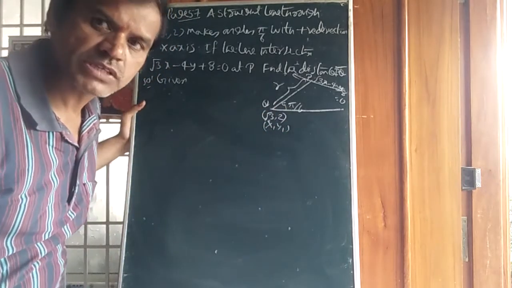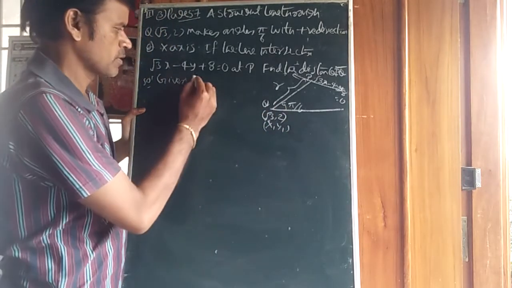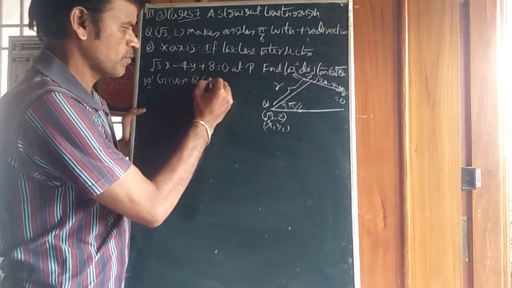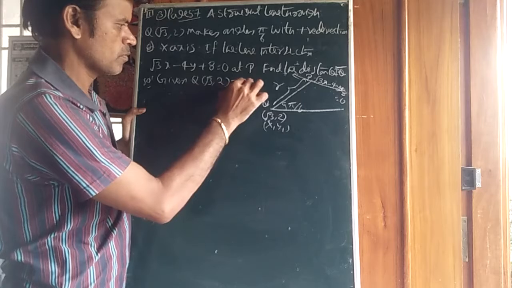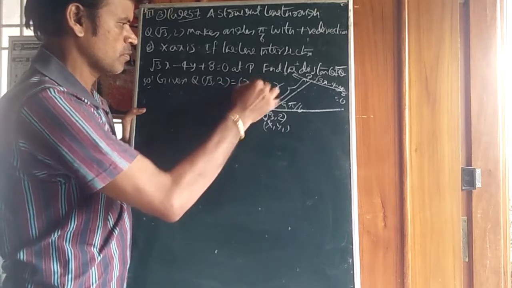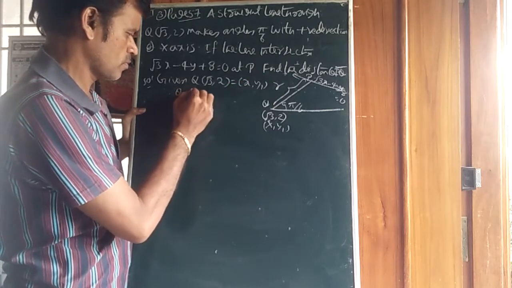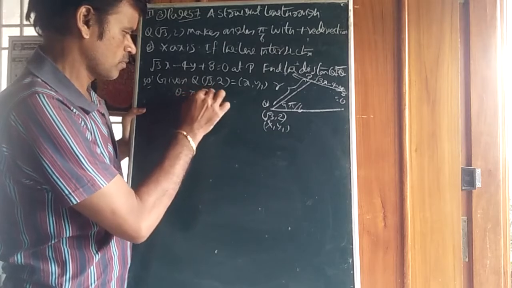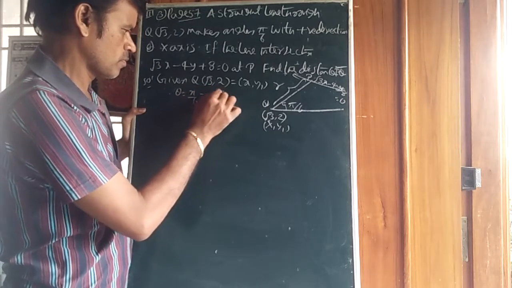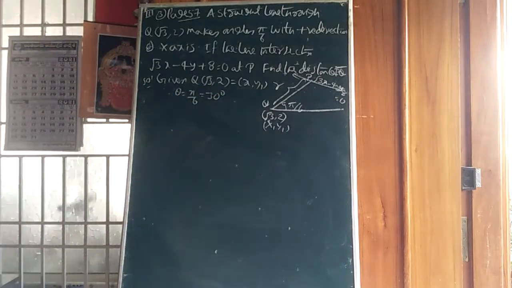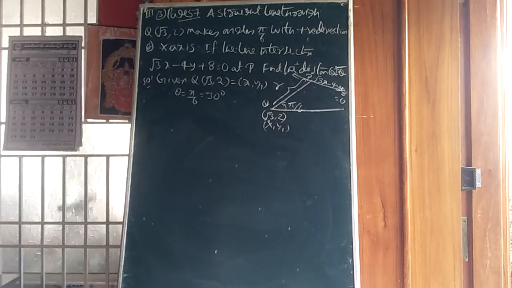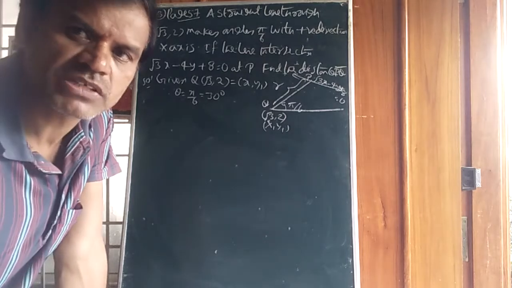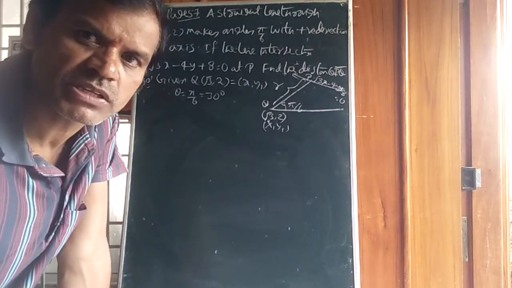Given root 3, 2 as (x1, y1), theta is equal to pi by 6, that is 30 degrees. Using the parametric equations, x is equal to x1 plus r cos theta and y is equal to y1 plus r sin theta.